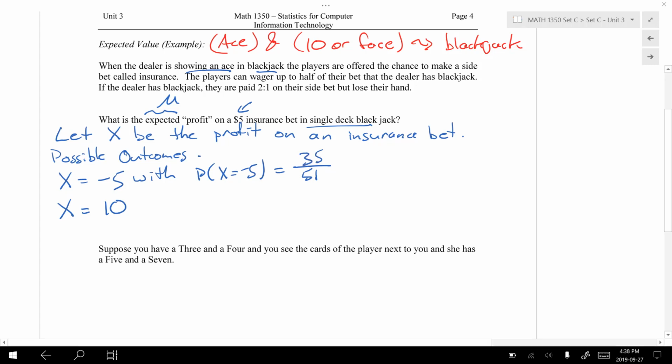If you count all those things up, you get 35. And so our probability here is 35 over 51. So let's denote this as the proportion of cards that are not 10s or faces.